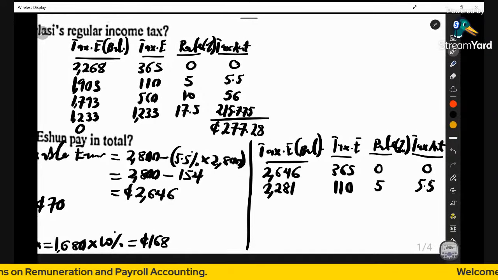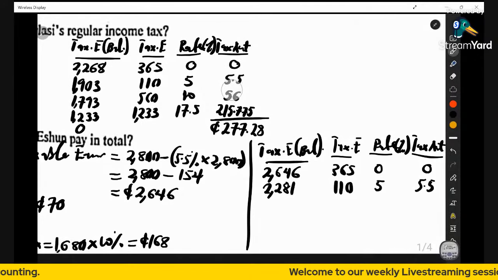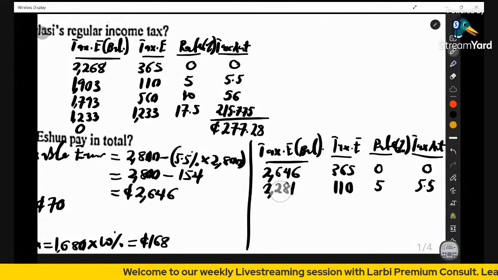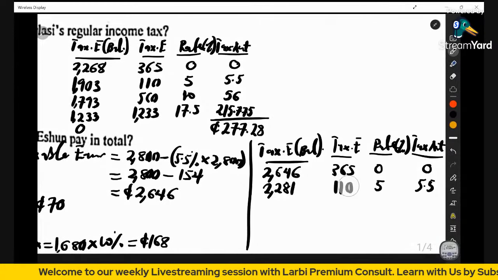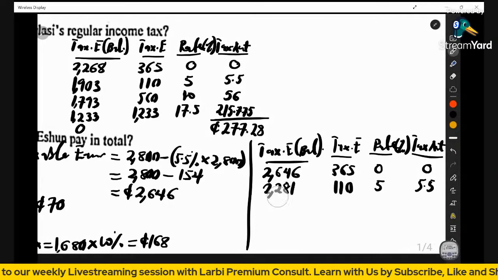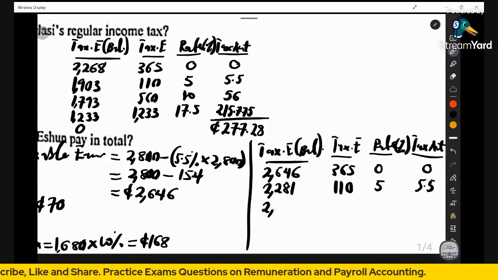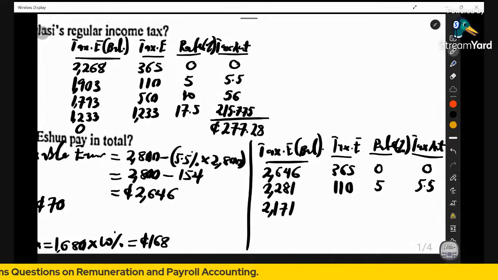If you get this principle right, for some of them you can even copy these values. The only thing that will change is the taxable earning balance, because you subtract the taxable earning of the schedule from the balance so that you know the balance that is now existing. Here we subtract, and in my case I had 2,171.